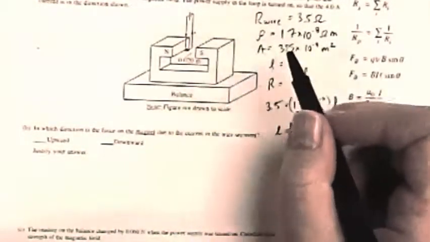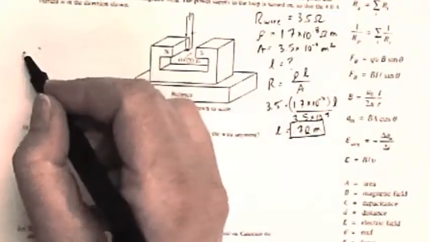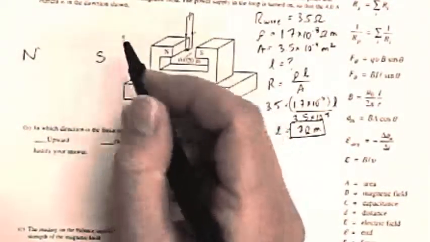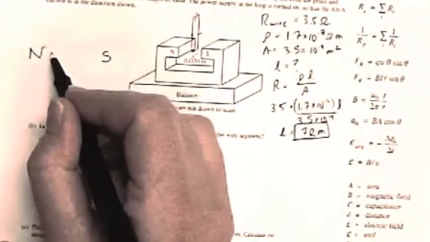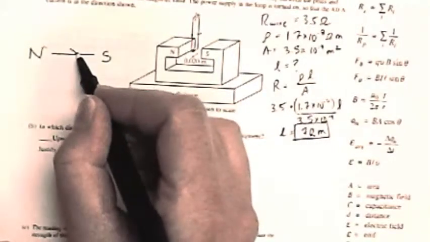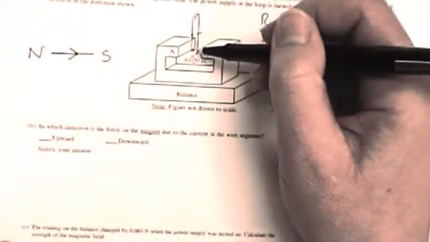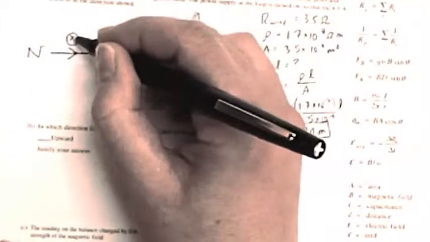We need to think about the direction of the magnetic field. The direction of the magnetic field is out of the north and into the south. We need to think about the direction of the current, and the current in this case is into the page. And now we need to determine the force on that current carrying wire.